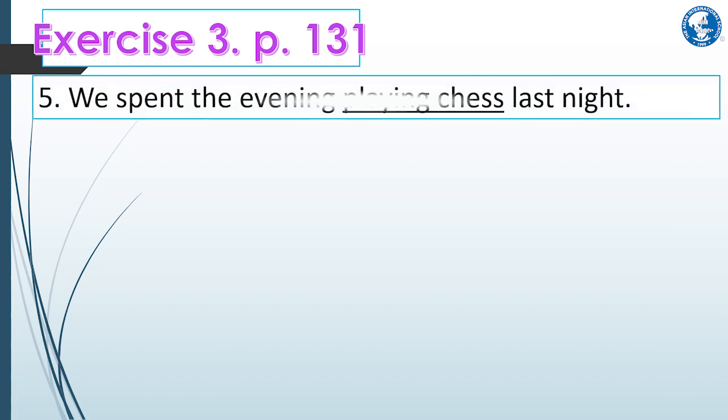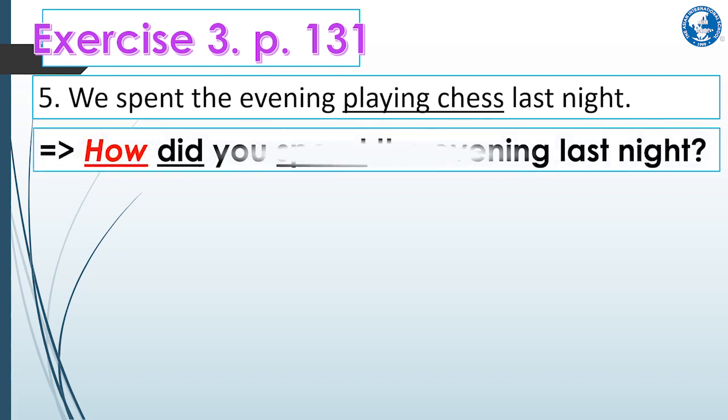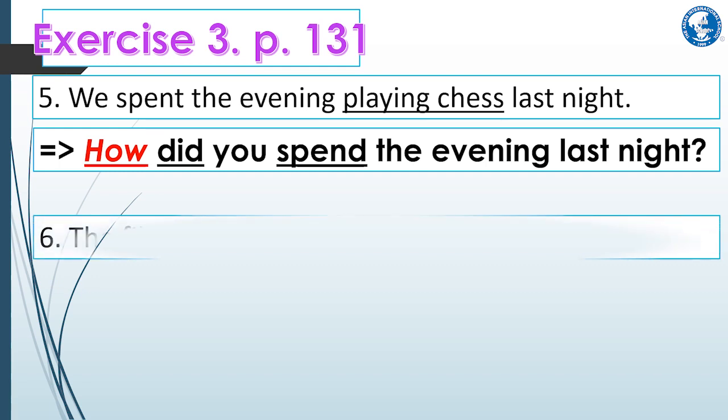Number 5. We spent the evening playing chess last night. Playing chess refers to manner. So the question, how did you spend the evening last night? Did is an auxiliary in simple past tense, and then spend is the main verb in a bare infinitive form. Number 6.